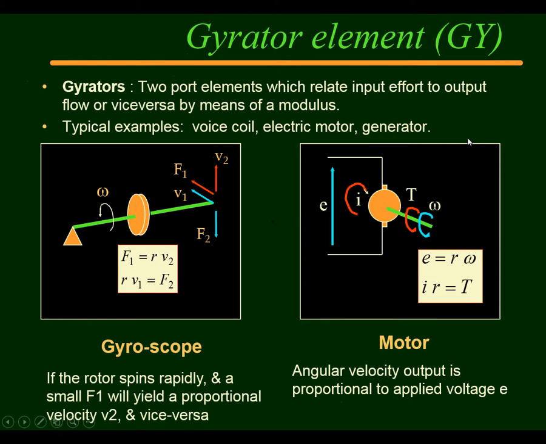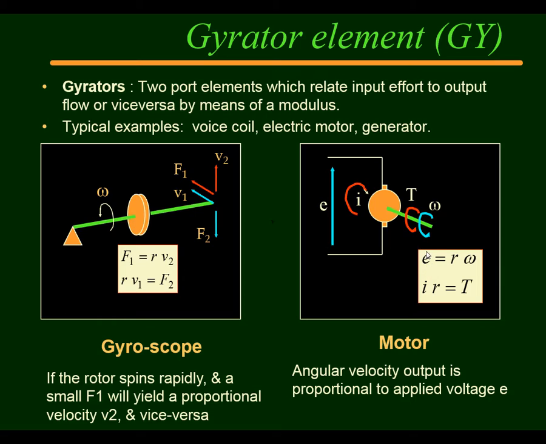We have one more. This is the gyrator element. As you can see here, this is like a cross transformer. The electric motor is a perfect example because you write the equation in here.